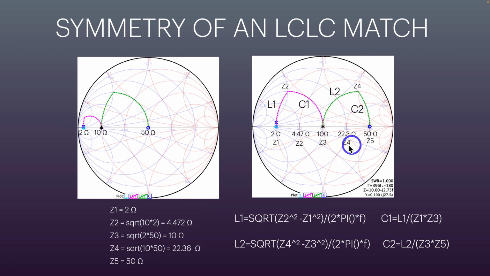So these give us these Z values at all these different points. And all these equations down here are fairly simple, but we really don't need those because later we're going to get into just how to do all this graphically on the SimSmith and on the QucsStudio programs. But I will provide also spreadsheets that include all of this information in it, so you can just type in the numbers, both input and output impedance, and it'll calculate all these for you.